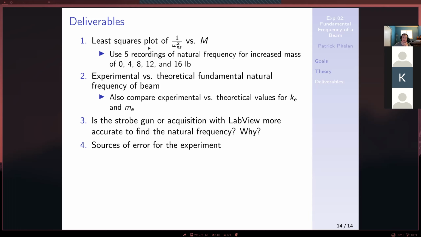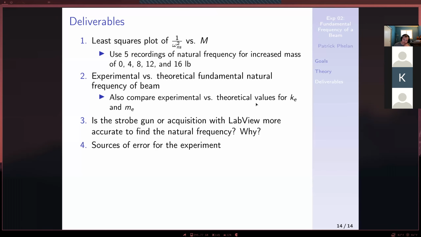So we have that plot right there. Then we're going to compare the experimental versus theoretical natural frequency for the beam. And we're also going to compare the experimental and theoretical values for K sub E and M sub E. And then we'll determine whether the strobe gun acquisition or LabVIEW is more accurate to find the natural frequency.